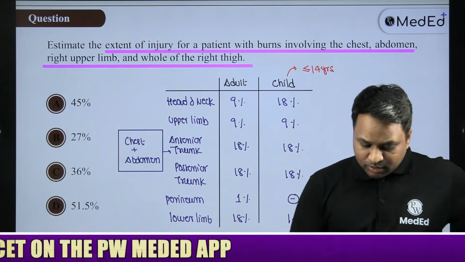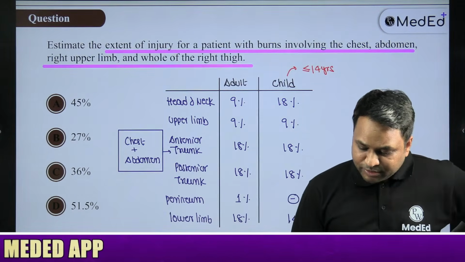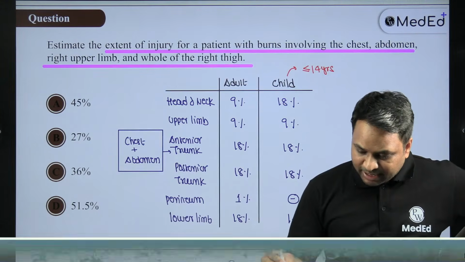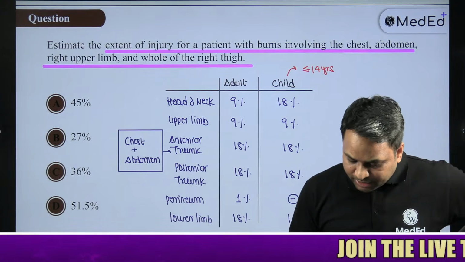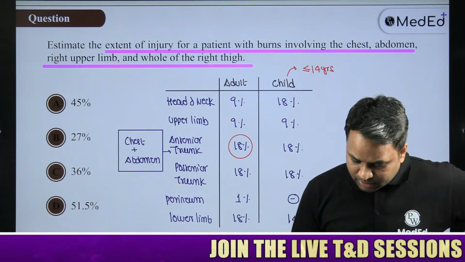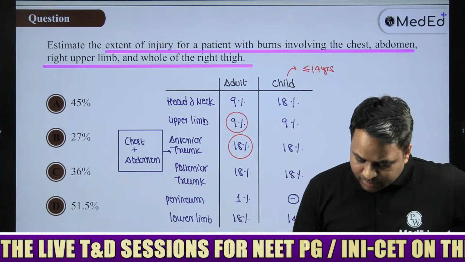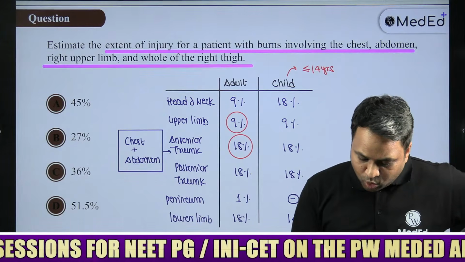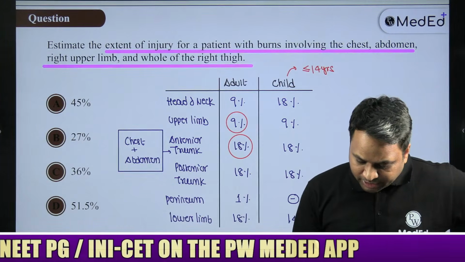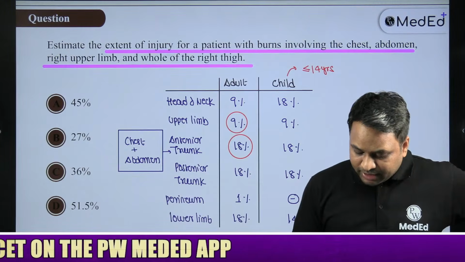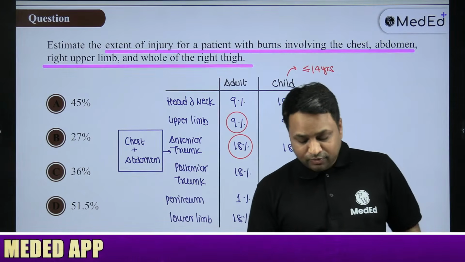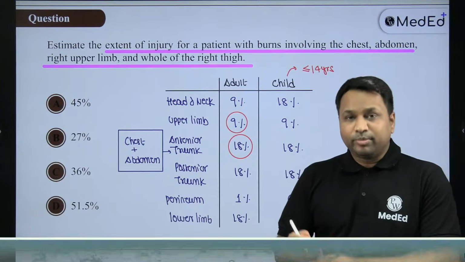Now he's asking to estimate the extent of the injury for a patient with burns involving the chest and the abdomen. The chest and the abdomen is your anterior trunk, so we have 18%. Okay, right upper limb completely, so I'll say another 9%, right? And the whole of the right thigh. So here he's not doing the entire lower limb, only the right thigh is involved. So when I say right thigh, it is going to be half of it, right?